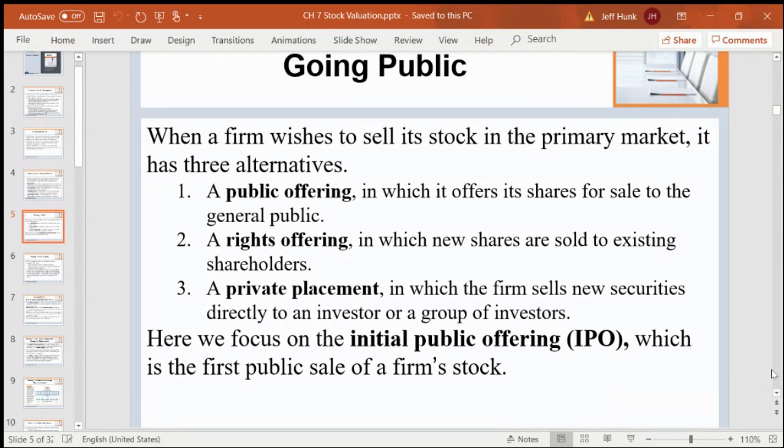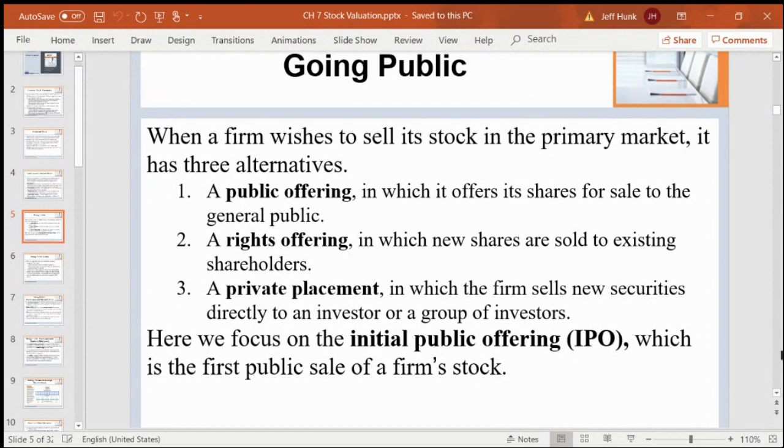So with a private placement, the company issuing new shares faces less risk of failing to sell all the shares exhaustively, right?